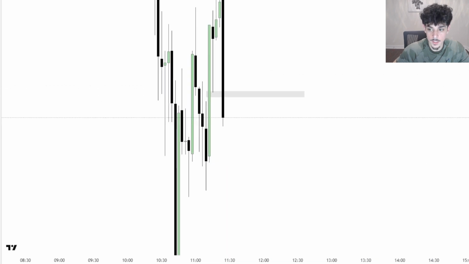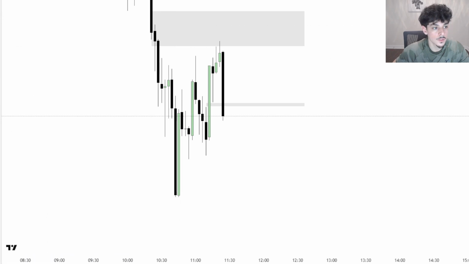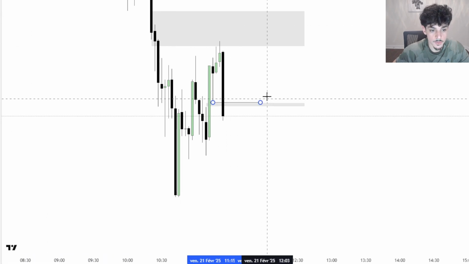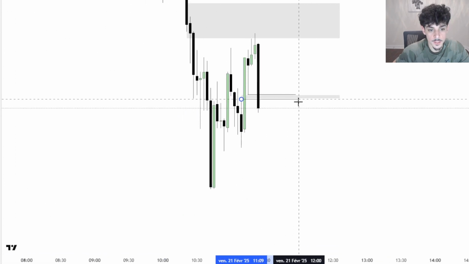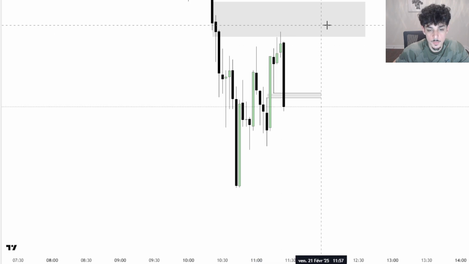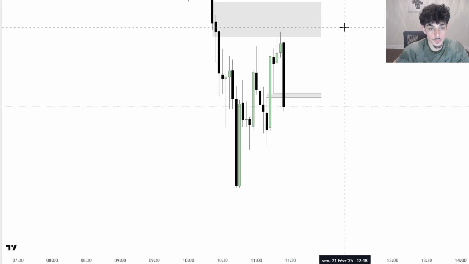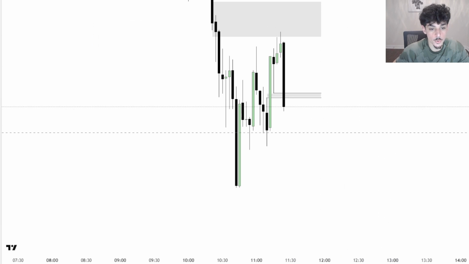I'm looking for a singular gap on the 3-minute chart where I know the buyers are located between this candle's low and this candle's high right here. So if we can disrespect the area where the aggressive buyers initiated that up move towards a key level that is most likely going to absorb the aggressive buyers from pushing price up, then I know that the order flow is bearish and I have a nice short opportunity towards the most recent low.